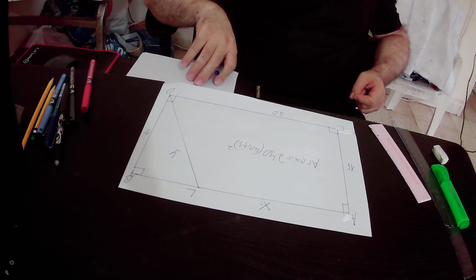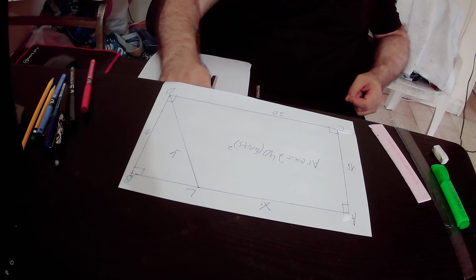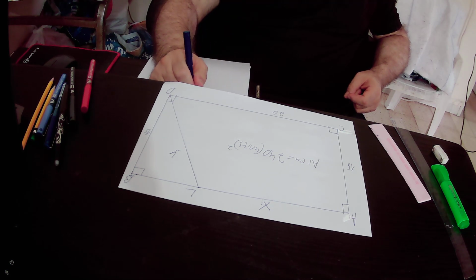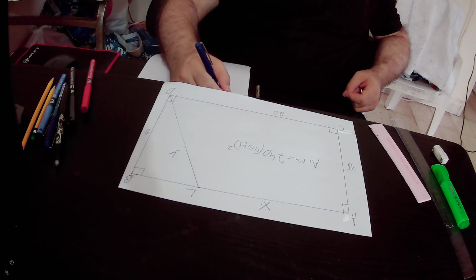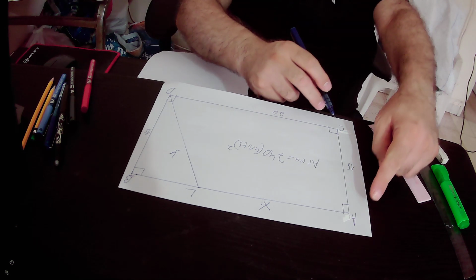and the formula for the area of a rectangle is the length of the rectangle times the width of the rectangle.